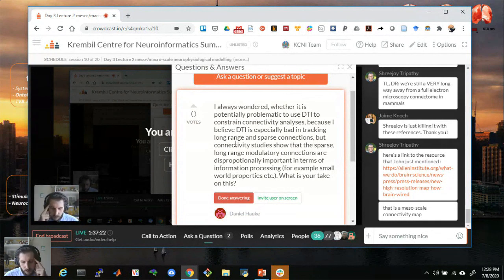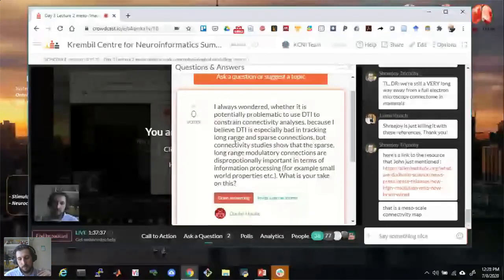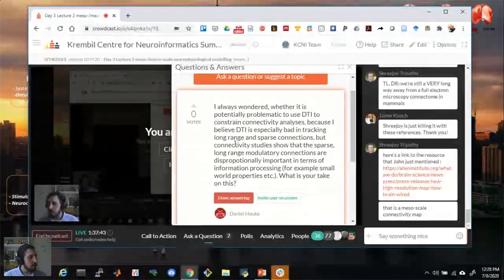If you're looking for the average behavior of the system, then you don't really care about the weak connections or the small tail. So from that point of view, I think the intuition you get from small worlds, from the role of long range connections in small world networks, is a little bit misleading, because it's not clear to me, at least, that the brain functions in that kind of way.